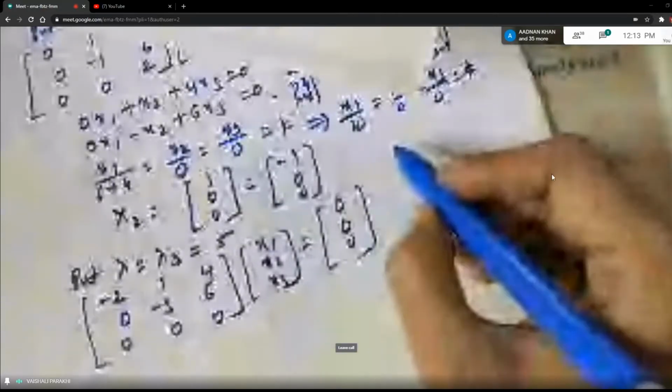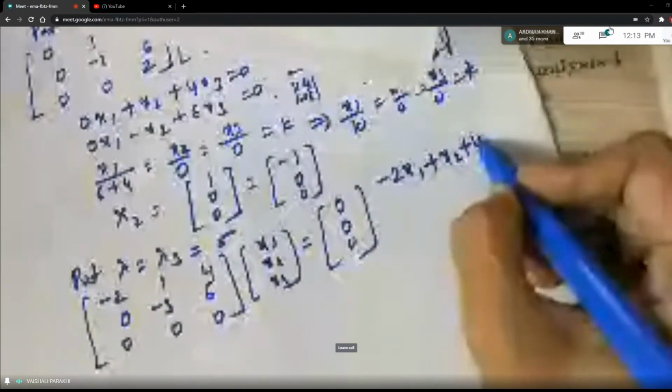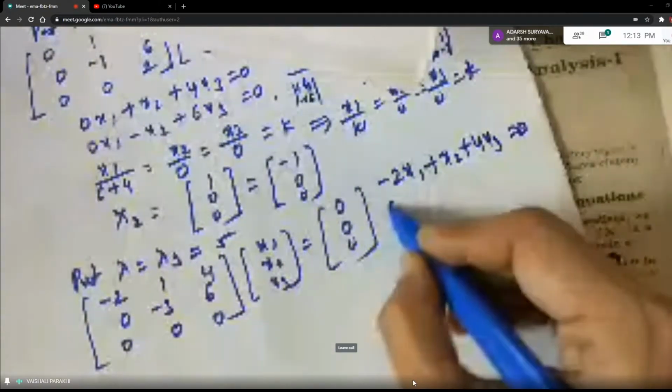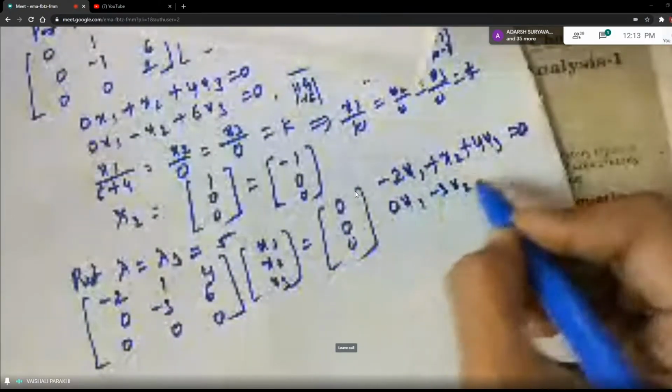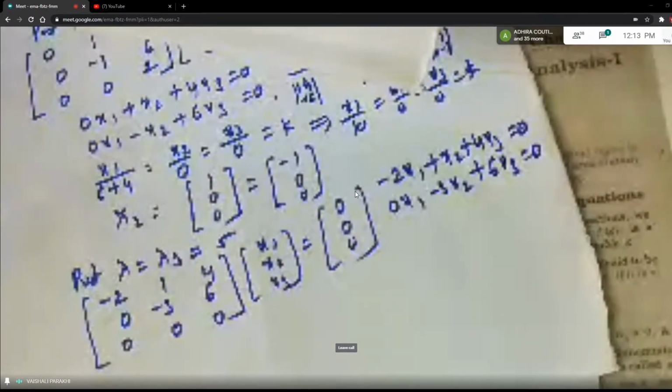So see what happens. Minus 2x1 plus x2 plus 4x3 is equal to 0. Then 0x1 minus 3x2 plus 6x3 is equal to 0. No need to write the third equation because it is meaningless. 0 is equal to 0 it will be, right? 0x1 plus 0x2 plus 0x3 is equal to 0.